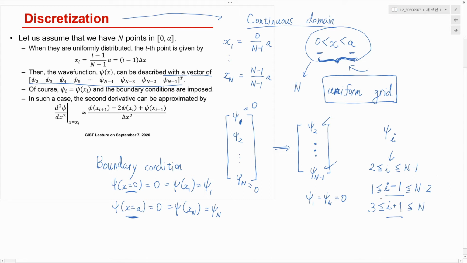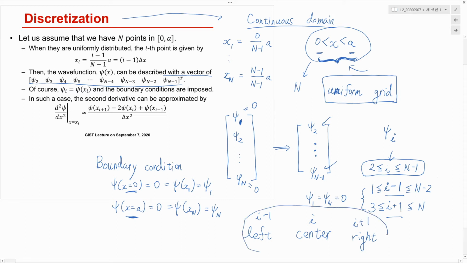The reason why I'm talking about this is that in this index range, we can always find the center position i, the left position i minus 1, and the right position i plus 1 safely. For every i we can find a left neighbor and a right neighbor.